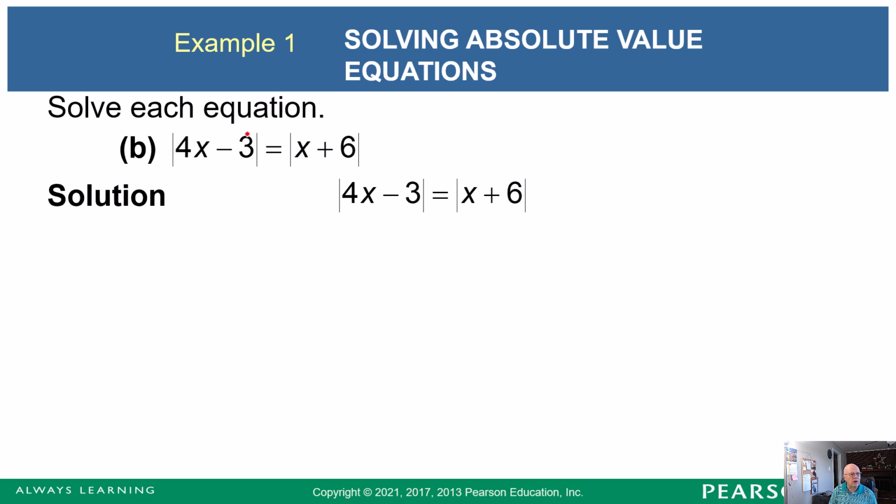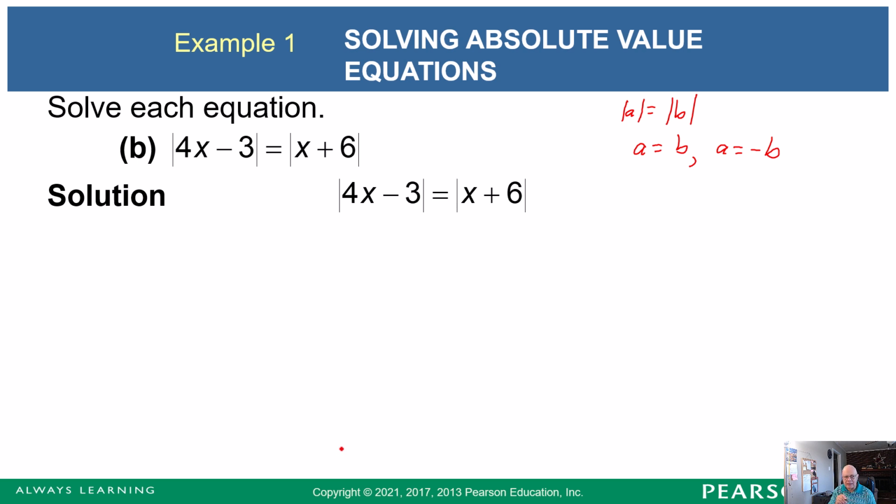All right, we've got an equation again, and we have two expressions in absolute value. Remember what this means. If we've got two numbers whose absolute value is the same, two chances. Either A and B are the same, or one of them is the opposite of the other one. Well, that's pretty easy.